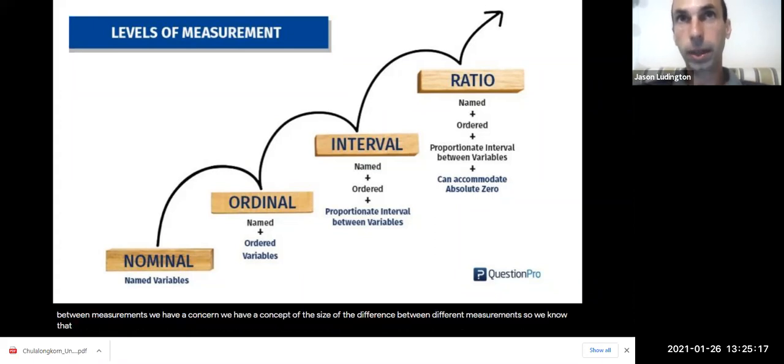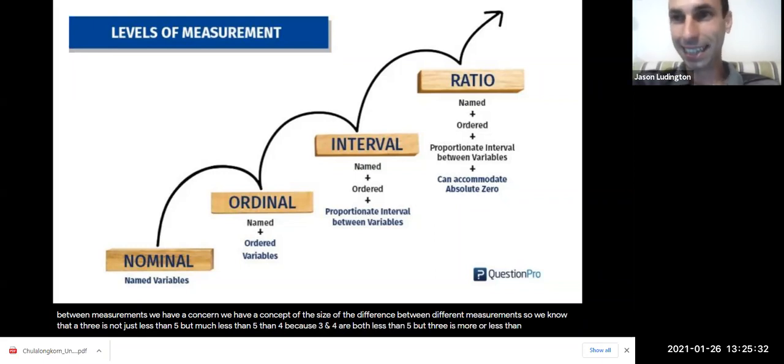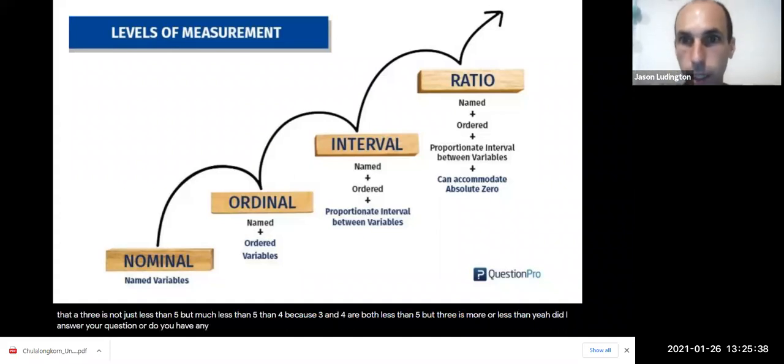So we know that a 3 is not just less than 5, but much less than 5 than 4 is. Yeah. Did I answer your question, or do you have any other questions?